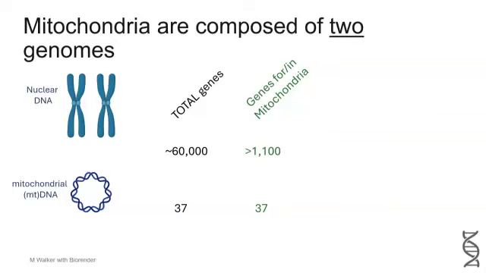In the mitochondrial DNA, we have 37 genes, 13 of which become proteins inside the mitochondria, and the rest are either RNA or mRNA, other parts of the mitochondria. And all 37 of those mitochondrial DNA genes have been linked to disease, and more than 300, as I mentioned, from the nuclear genome have been linked to disease thus far.